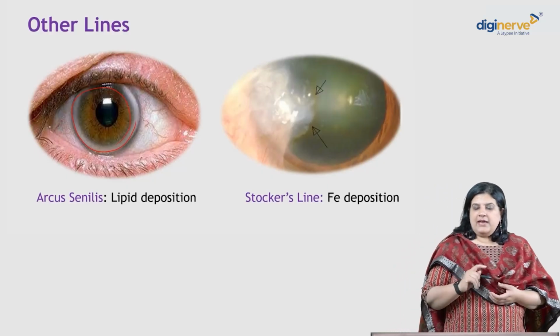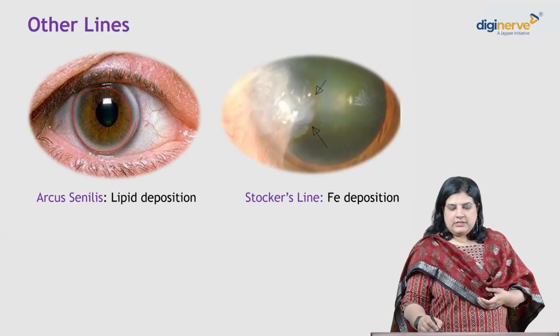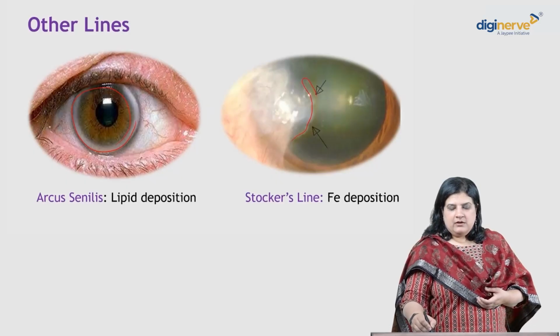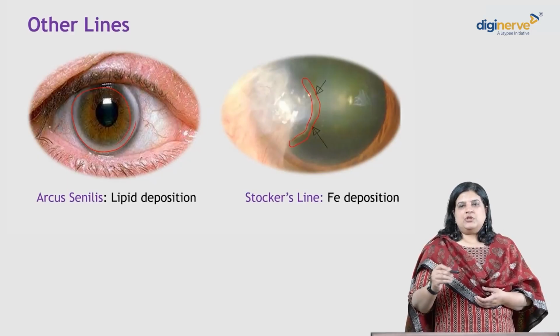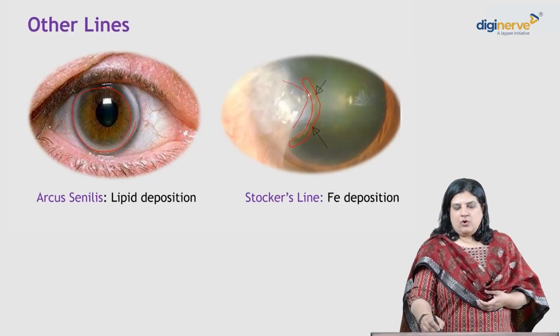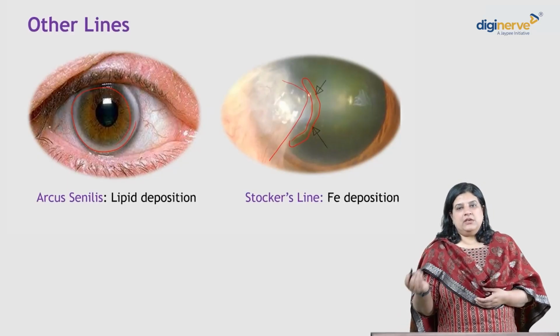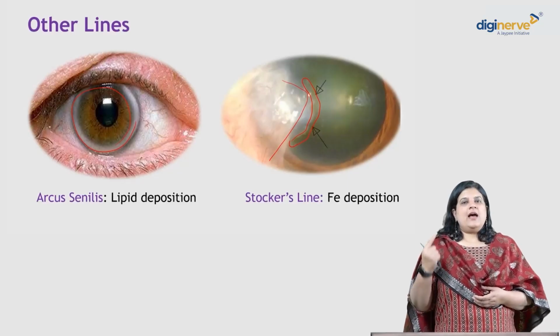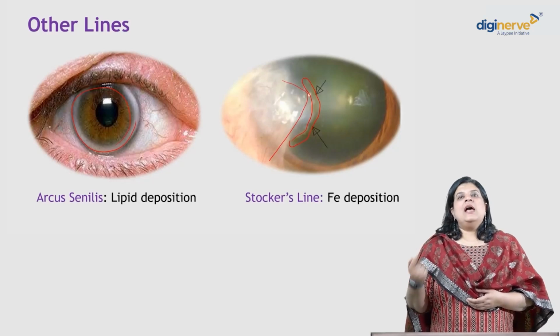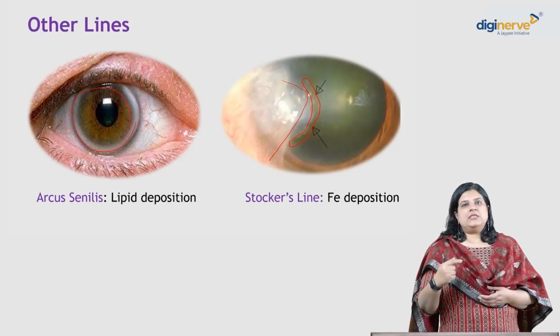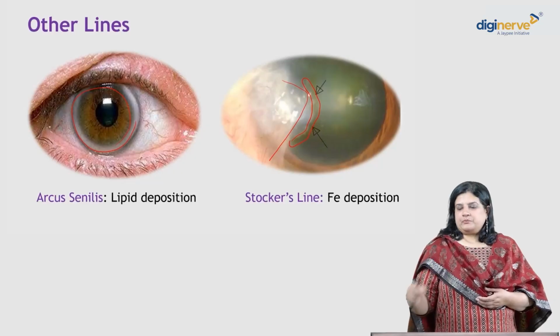And coming back again to the Stocker's line that I talked about, since this is also brown in color, you may get confused. Stocker's line is iron deposition right at the head of the pterygium where it is meeting the cornea. So Stocker's line, iron deposition, arcus senilis, lipid deposition, and Kayser-Fleischer ring is because of copper and seen in Wilson's disease.